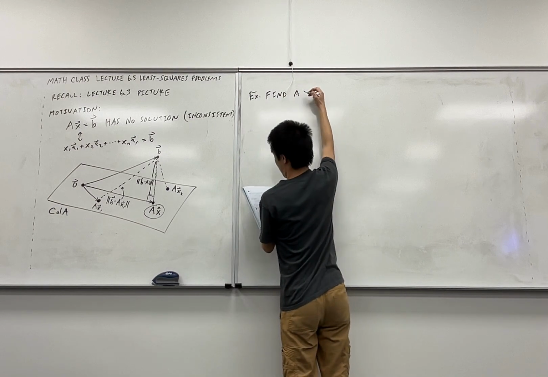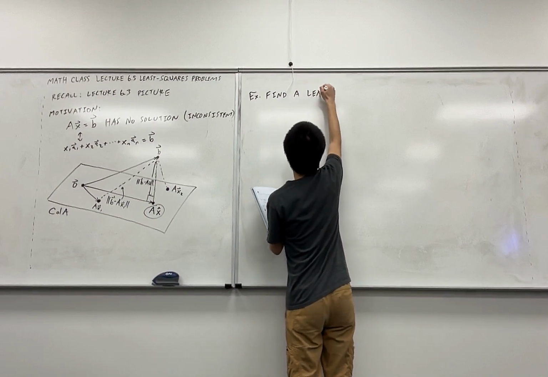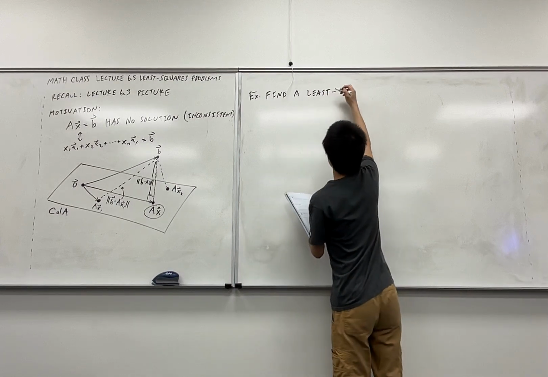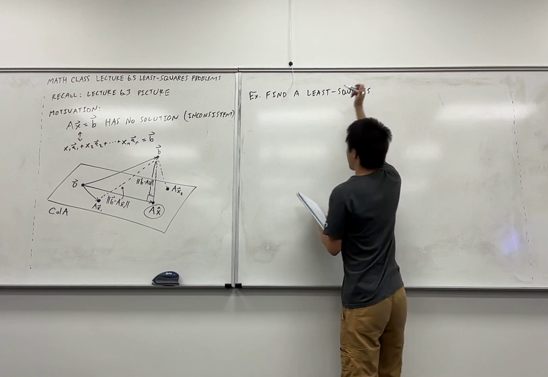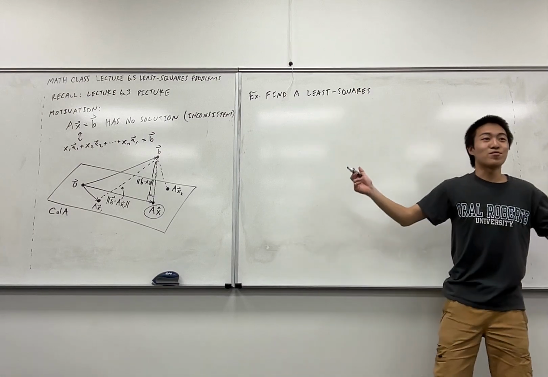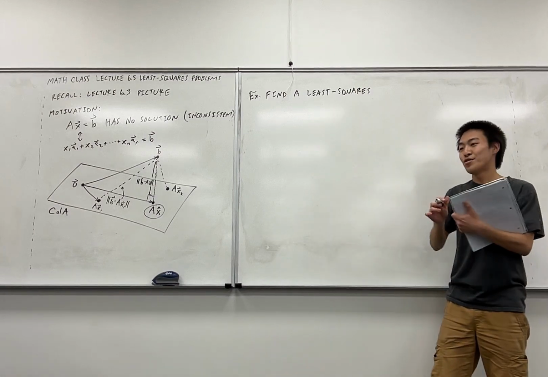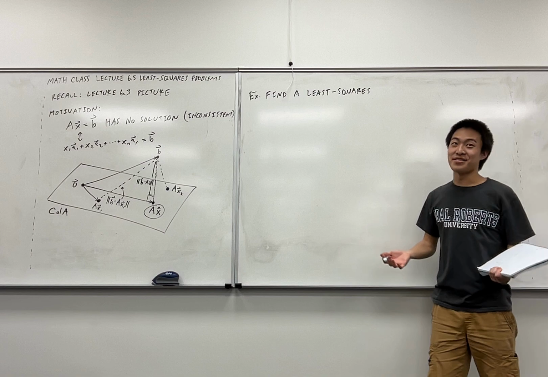Okay, we're going to find a least squares solution. Notice I can't say we're finding the solution because, fun fact, the system I'm going to give you is inconsistent.